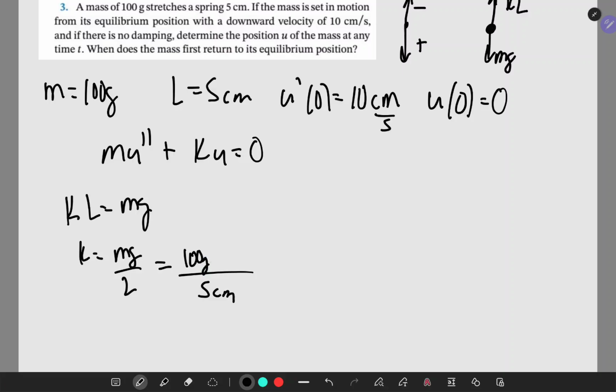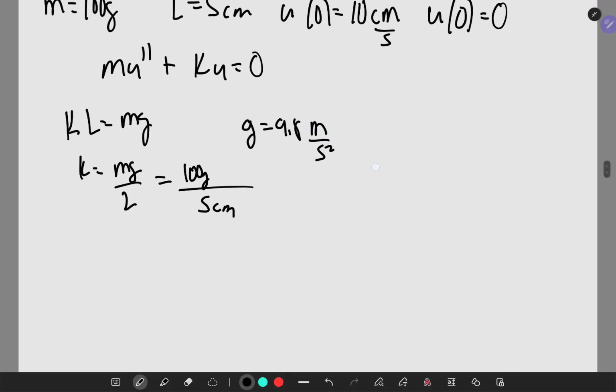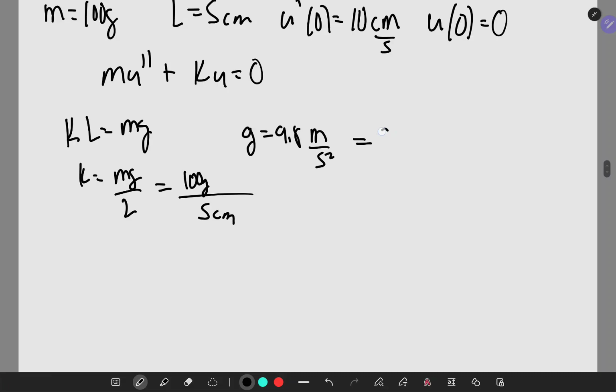into centimeters per second. So if we're going to convert 9.8, gravity is 9.8 meters per second squared. I want to convert it to centimeters, so that would be 980 centimeters per second squared.